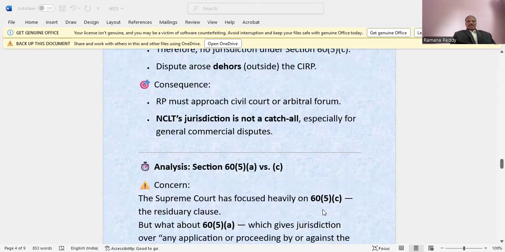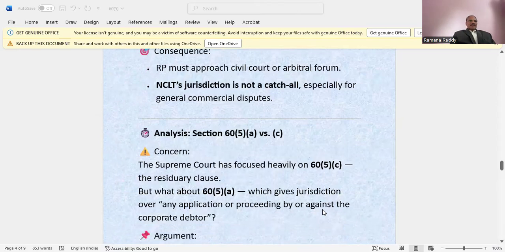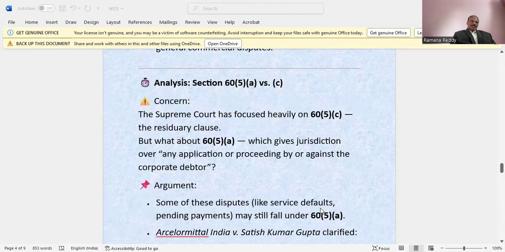So the analysis, you see, Section 60(5)A versus C. Supreme Court has focused heavily on 60, subsection 5C, the residuary clause. But what about 5A, which gives jurisdiction over any application or proceeding by or against the corporate entity?